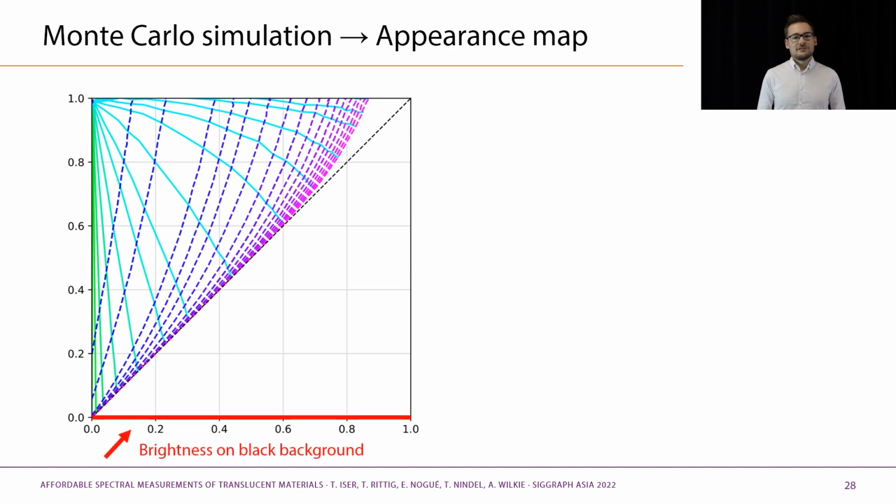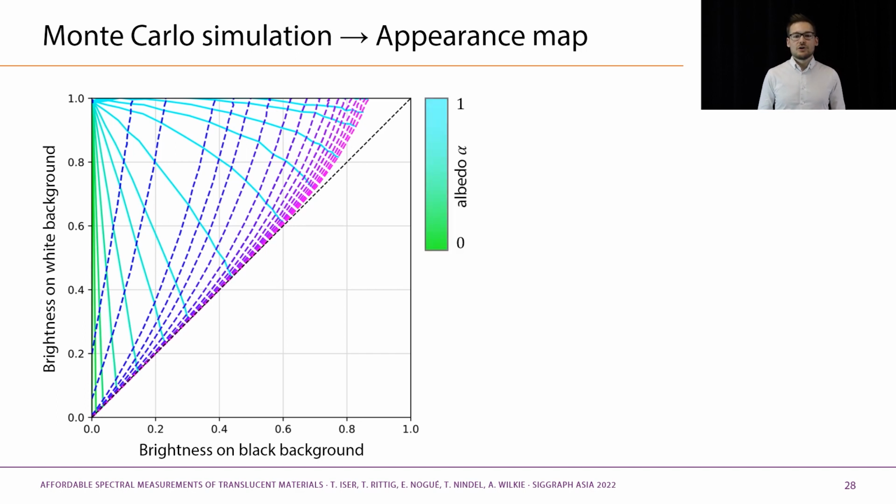The horizontal axis shows how bright the material appears on the black background, and the vertical shows the brightness on the white background. And then we can see several contours which represent a subset of our simulations. The green to cyan contours connect all materials that have the same albedo.